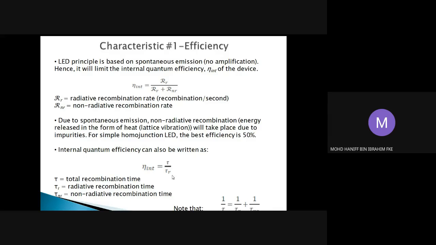The total recombination time can be calculated from 1 over tau equals 1 over tau_r plus 1 over tau_nr.